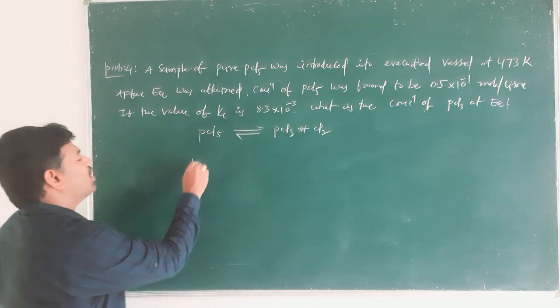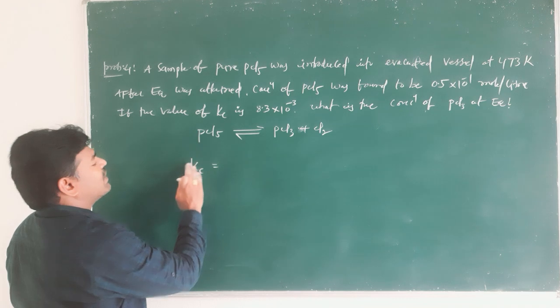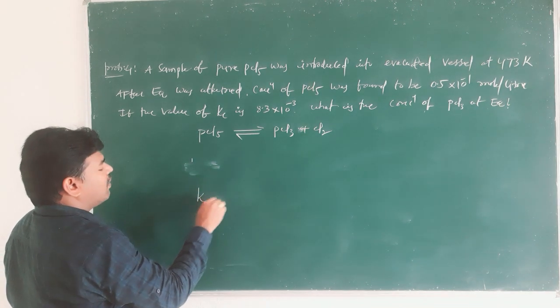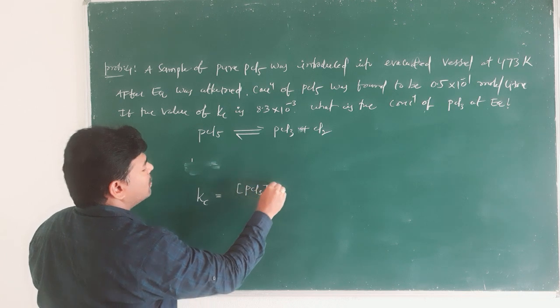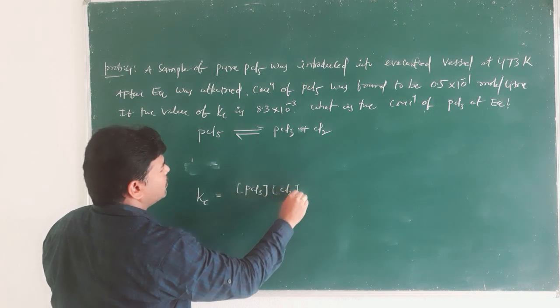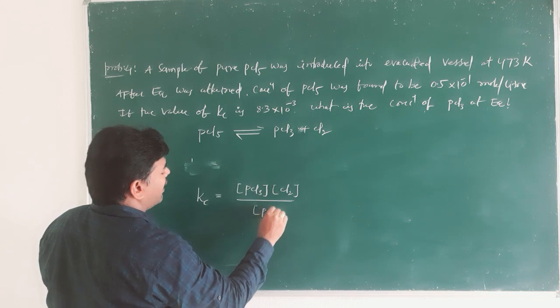Kc means the equilibrium constant expressed in molar concentrations, that is Kc is equal to concentration of PCl3 into concentration of Cl2 divided by concentration of PCl5.